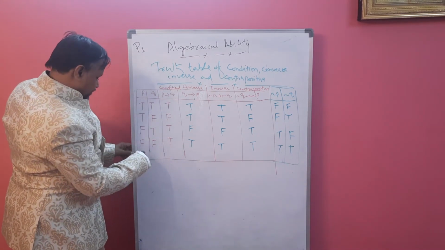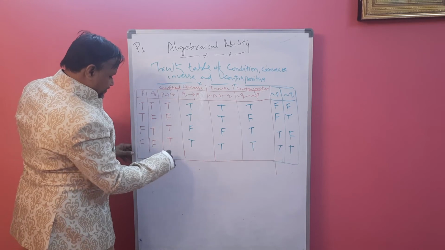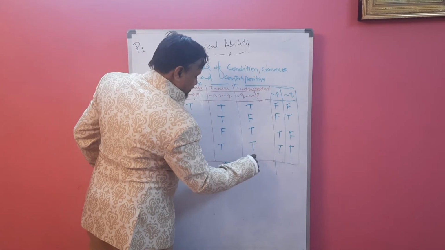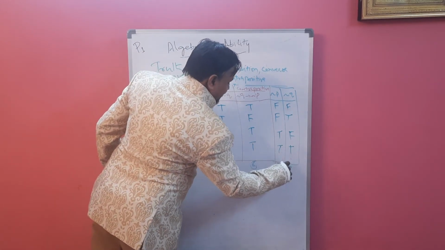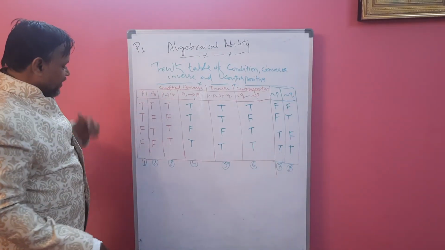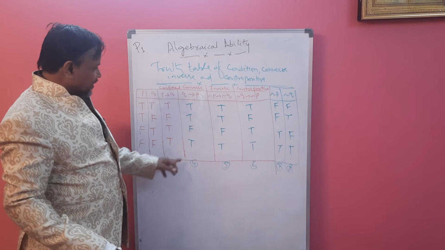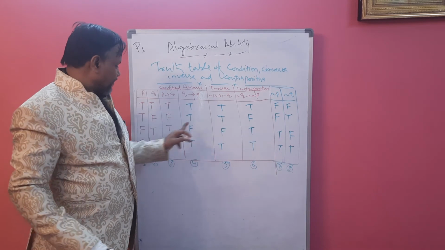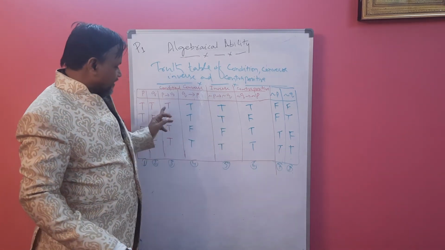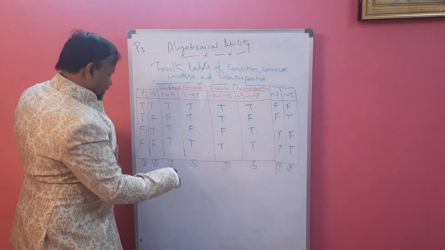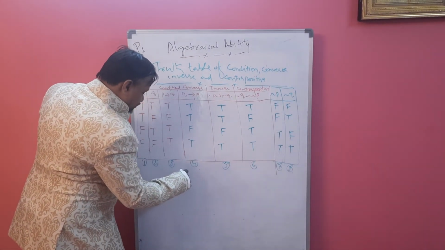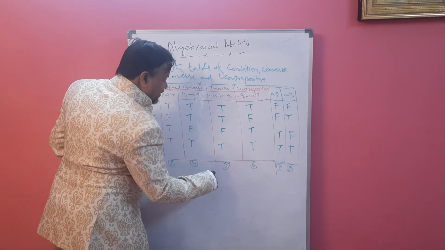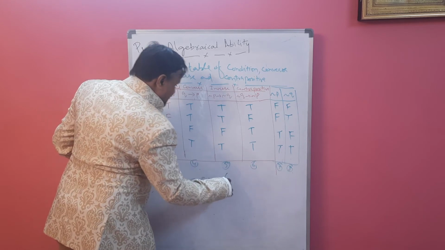Now see the table here. Conditional is the, put 1, 2, 3, 4, 5, 6, 7, 8, marking columns. Third column is similar to sixth column, T T F F T T T T. Third is similar to sixth, means P implies Q is similar to negation Q implies negation P. Means what?